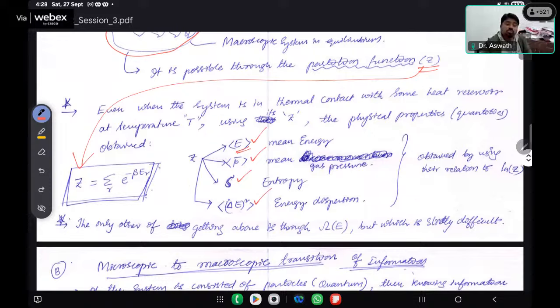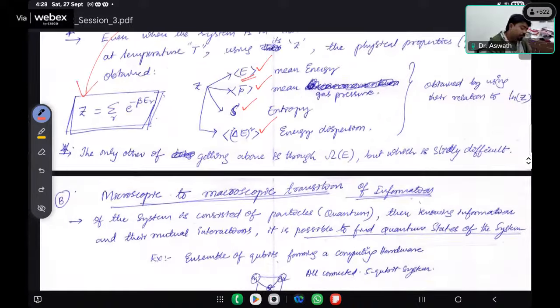How? We use the probability distribution method. We list down all the accessible states. From each state, what is the energy? We sum all the energies divided by the total accessible states, and we get the average energy. Similarly, we find the average gas pressure: we take the contribution from each location, sum them up, and divide by the overall parts. Okay, so that is what we can do.